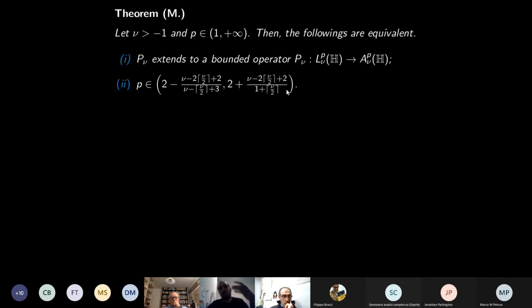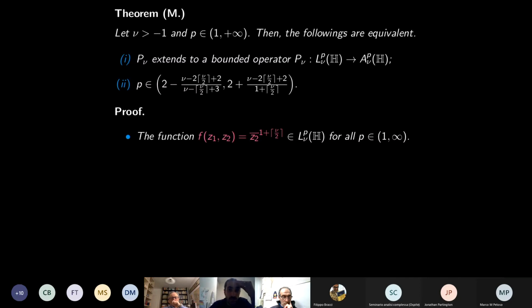So actually, the proof of this result, as in the case of, for instance, Edem and McNeal's result, follows from standard and classical arguments. You have to be careful with the computation, of course, but once you have the kernel of the space, the main tools are classical ones. So now I will say a few words about the proof.